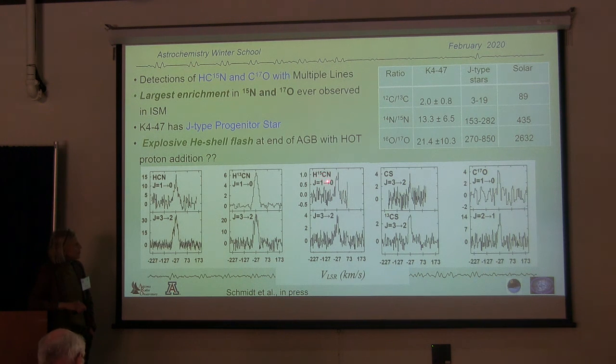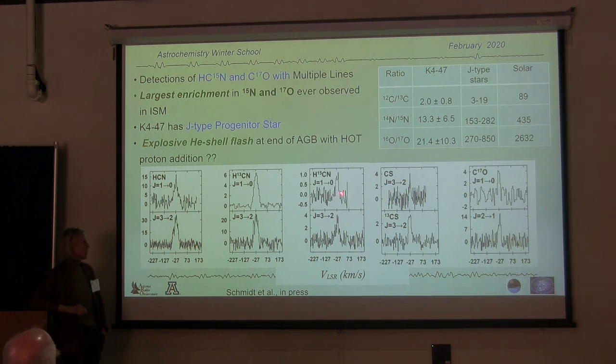Measurements of HC15N relative to H14N gave us an N14 to N15 ratio of 13. Huge enrichment of nitrogen-15. And we're not worried about opacities here because we had enough lines to model it. The HC14N lines are a little optically thick, but we can correct for that in the radiative transfer modeling.